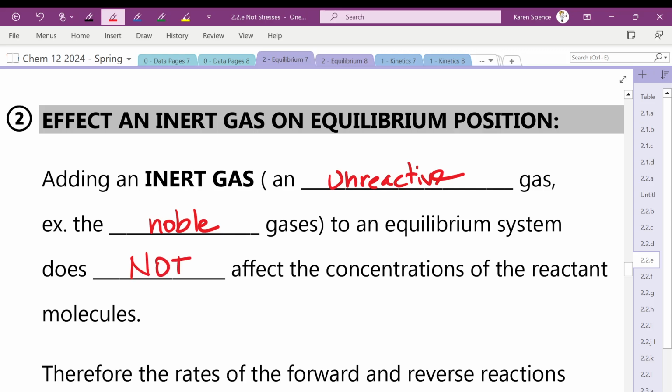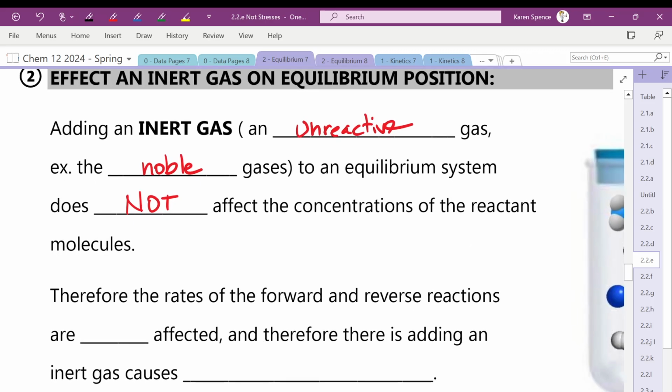affect the concentrations of the reactant molecules. It does not make things go faster. It does not make them go slower. Therefore, the rates of the forward and reverse reactions are not affected, and therefore, what?